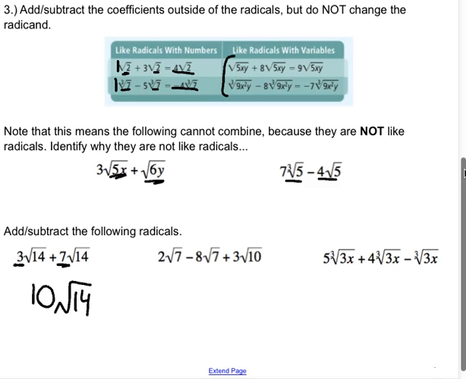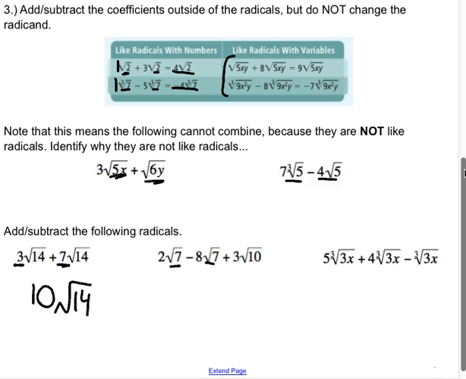So notice when I'm adding, all I'm doing is adding the coefficients. I'm not doing anything with what's inside the radical. It's like taking 6x squared plus 5x squared and getting 11x squared. That square doesn't change, it's just the coefficient that does. So this shouldn't be anything shocking or any revelation. It's just an extension of what you already know to do with polynomials.